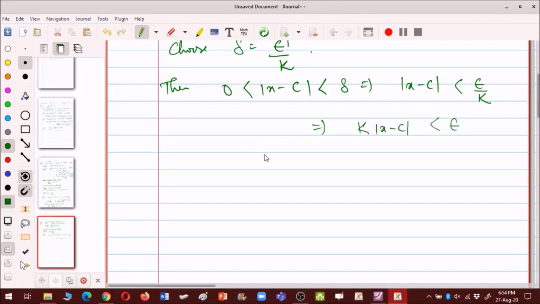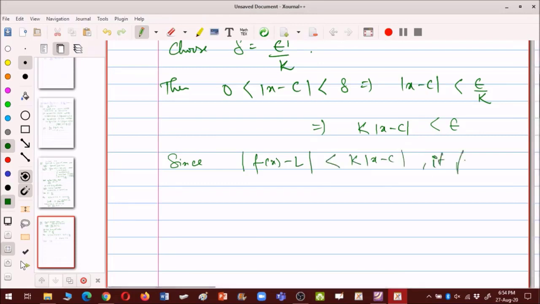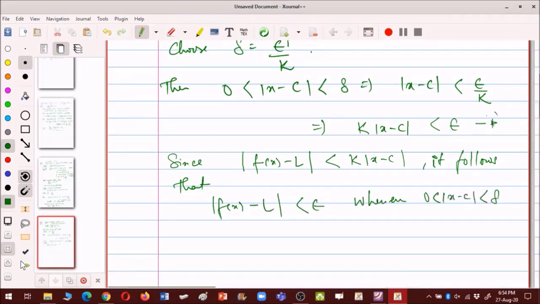Now by the given condition, |f(x) − l| ≤ k|x − c|, so it follows that |f(x) − l| < epsilon whenever 0 < |x − c| < delta.